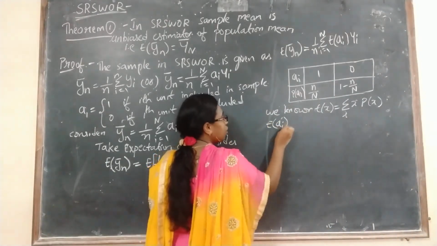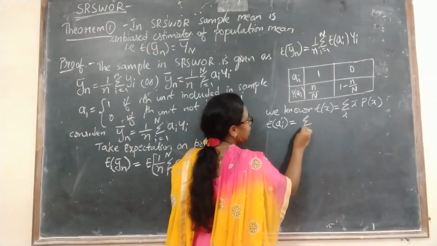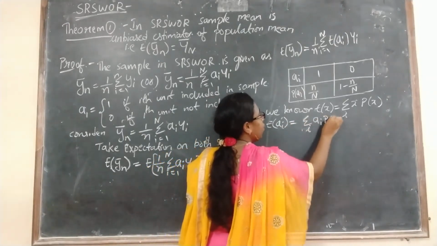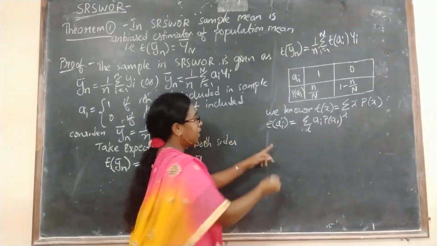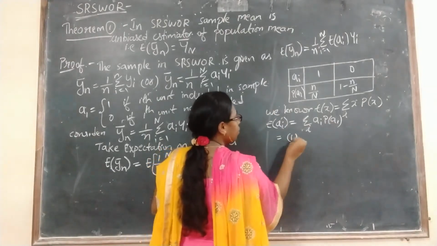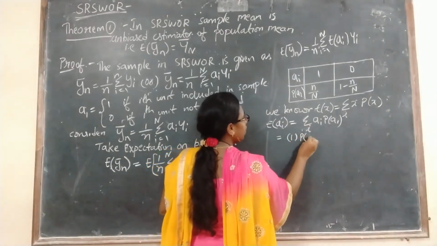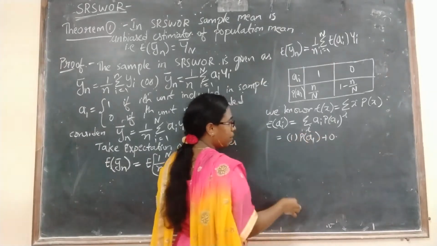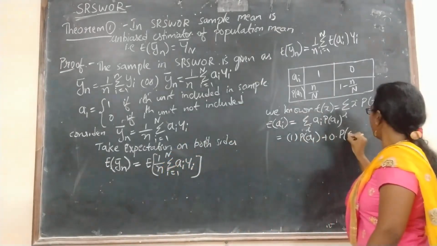So expectation of AI means summation over AI into p of AI. So first, what is the first AI value? 1. So 1 into probability of AI equals 1, plus 0 into probability of AI equals 0.